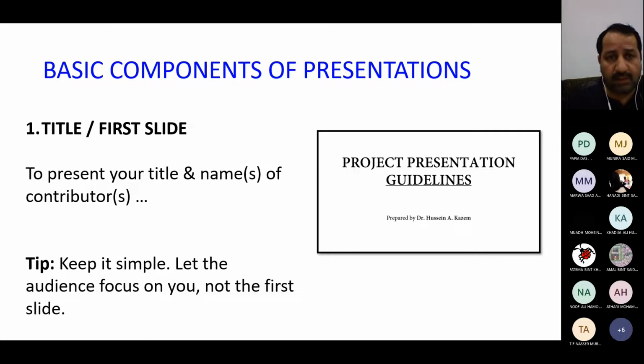Okay. Now, still with the basic components, we have the title. By the way, at the beginning of the project, late in September or early in October, you picked your title. I mean, you can improve this title at the end of the project. Now, these are initial titles, but later on, when you complete the work and write your thesis, you need to take a while looking at your title.